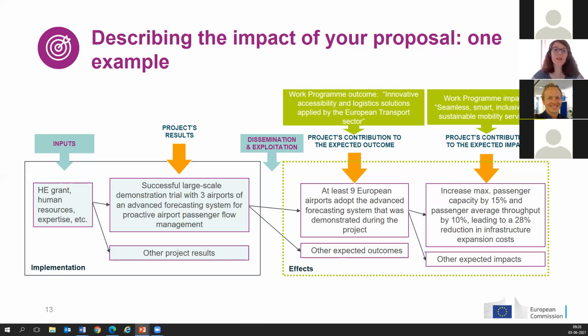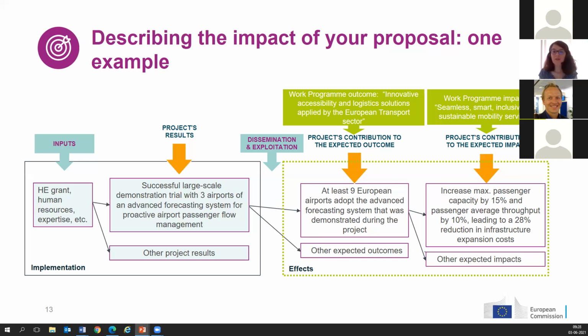So we delivered the demonstration trial of this new system, and 3 airports were involved in the demonstration. This is the result of our project. This is what was implemented in the course of the project. How to explain the pathway towards the impact of our project? First, we need to address the contribution to the expected outcomes.